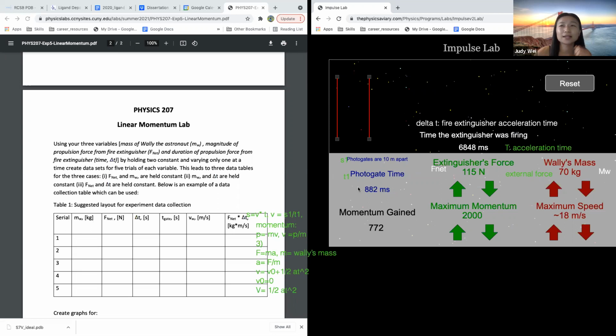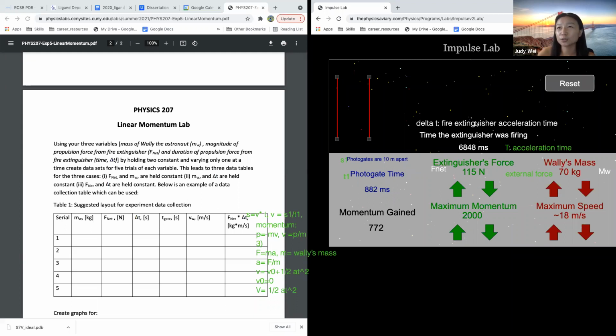So let's go over the first one before we jump to the second table, so we make sure you understand where to put all this data. So we keep the force and the mass constant, and we change the extinguisher's time.